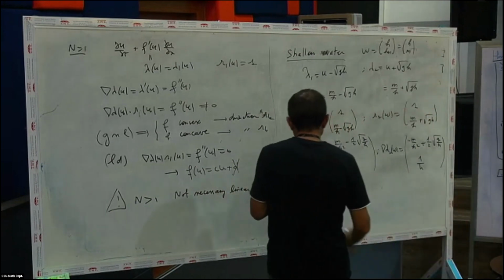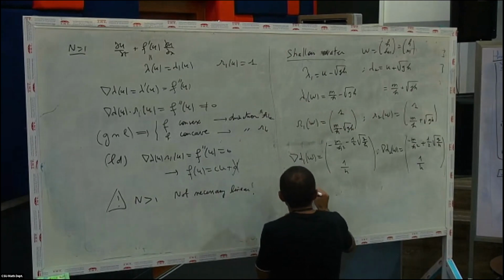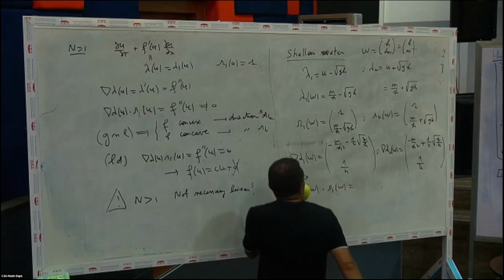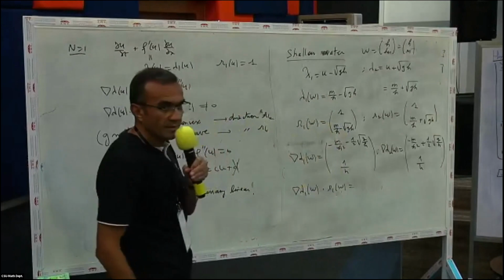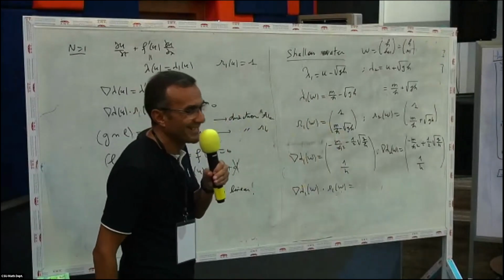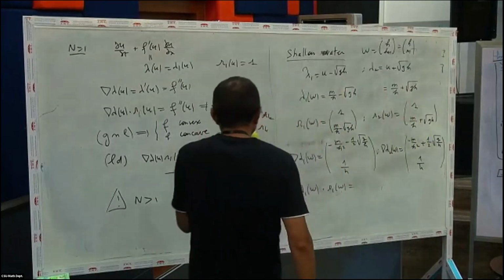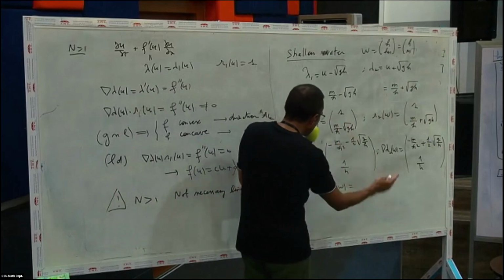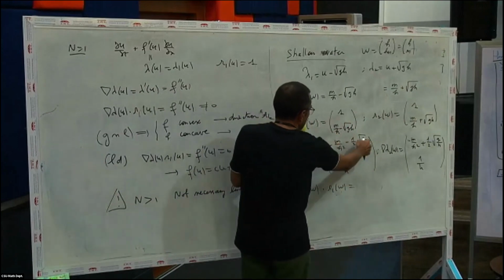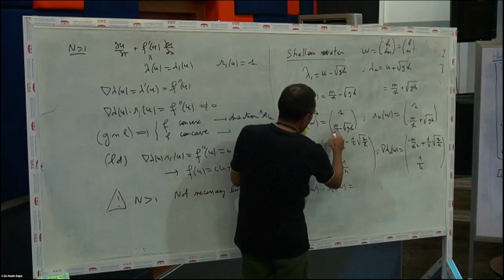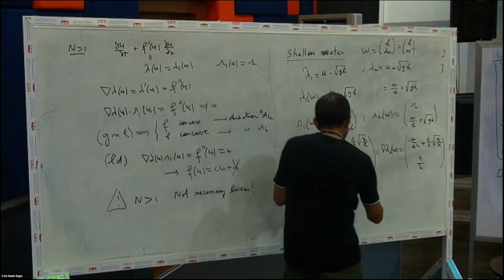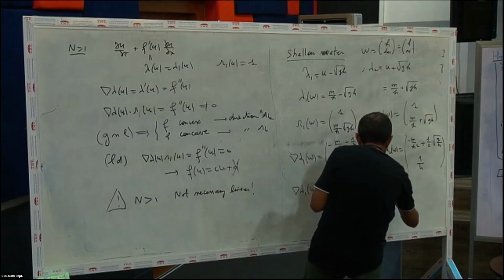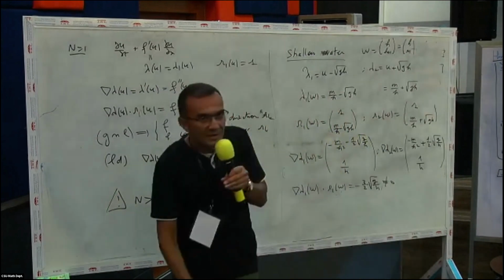Okay, so if you compute the gradient of lambda 1 scalar R1, so you have to multiply this by this, so it's this one plus this one by this one, so m over h squared will disappear, and normally you will get minus 3/2 square root of gh, so it is never 0.